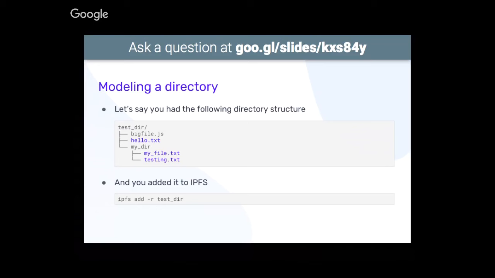So if we had that directory structure and we added it to IPFS using ipfs add recursively the test directory, we would have that and all of the subfiles on there. Essentially what IPFS is doing is creating one of these DAGs for us, and then returning the hash or CID for that top directory structure.